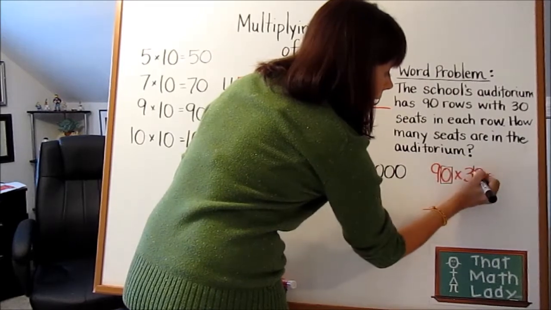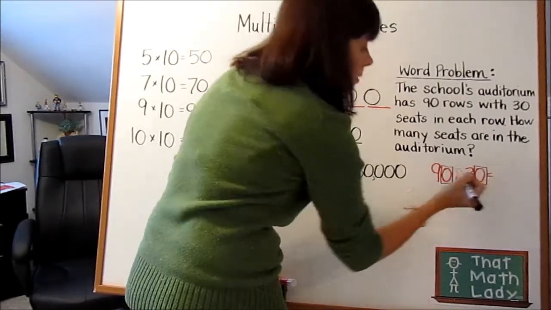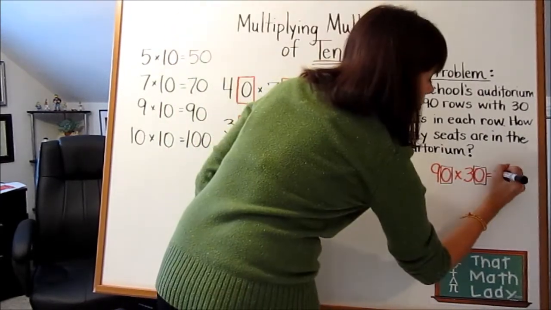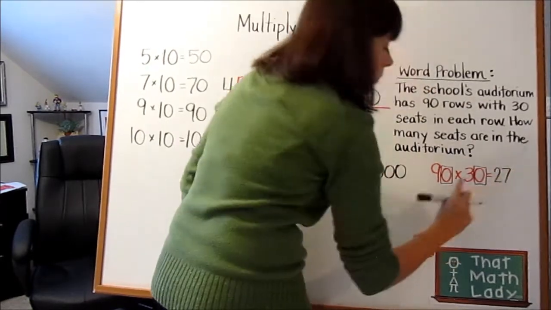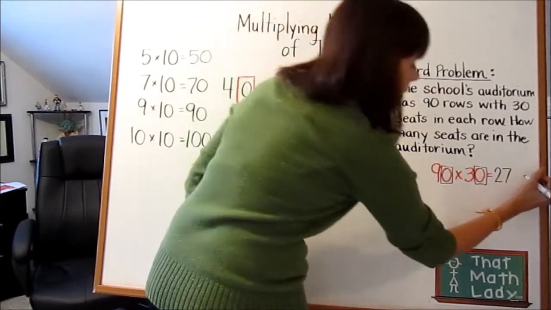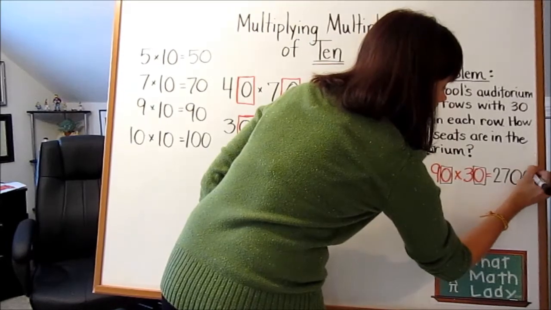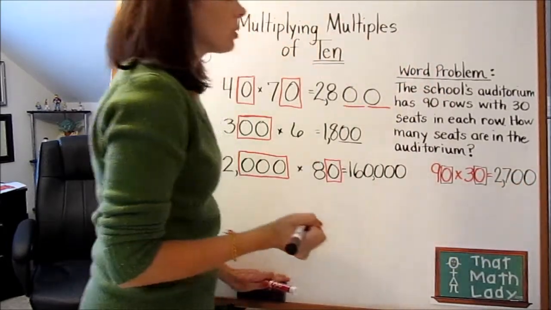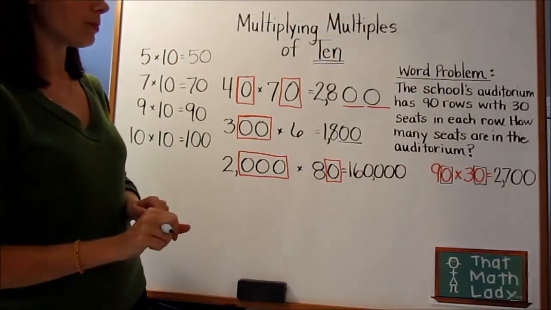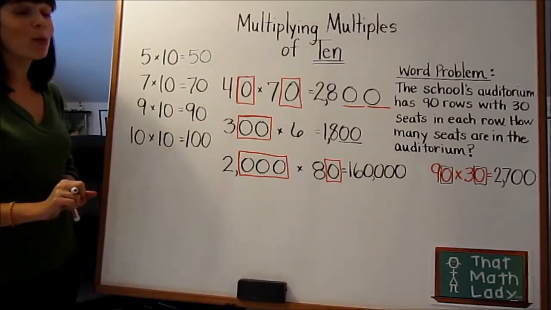And we're left with 9 times 3. 9 times 3 is 27. And I'm going to put my two zeros in my problem back onto my answer. So the answer is 2,700. And that's multiplying multiples of 10.